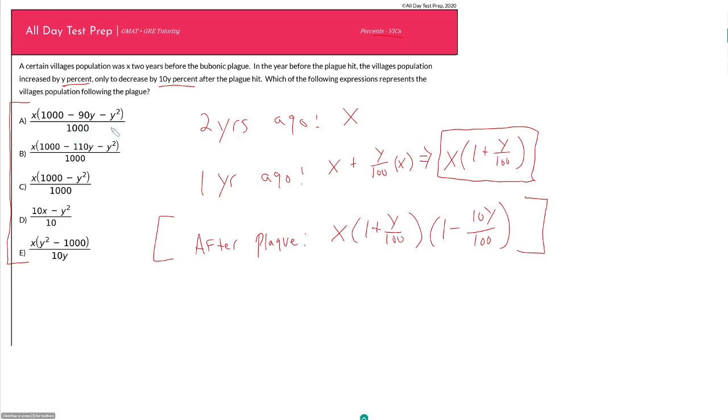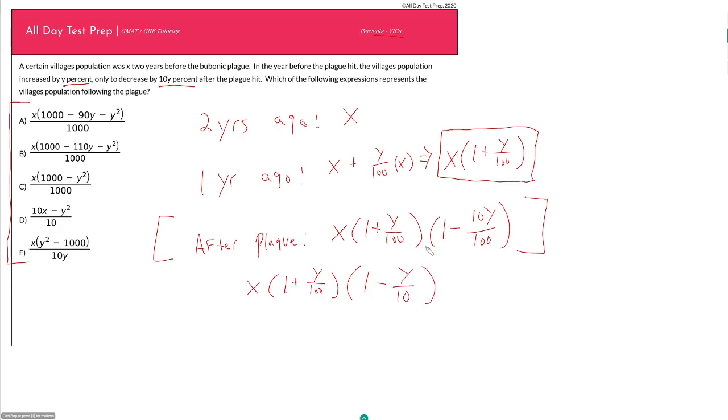It looks like they get everything over a single denominator. So let's start by simplifying this term right here, 10y over 100. That should just be y over 10. So x times 1 plus y over 100 times 1 minus y over 10.